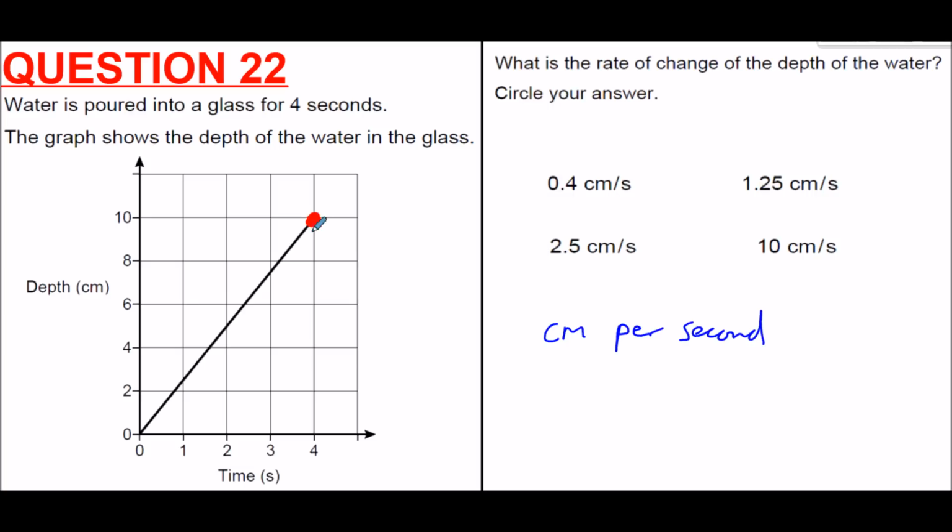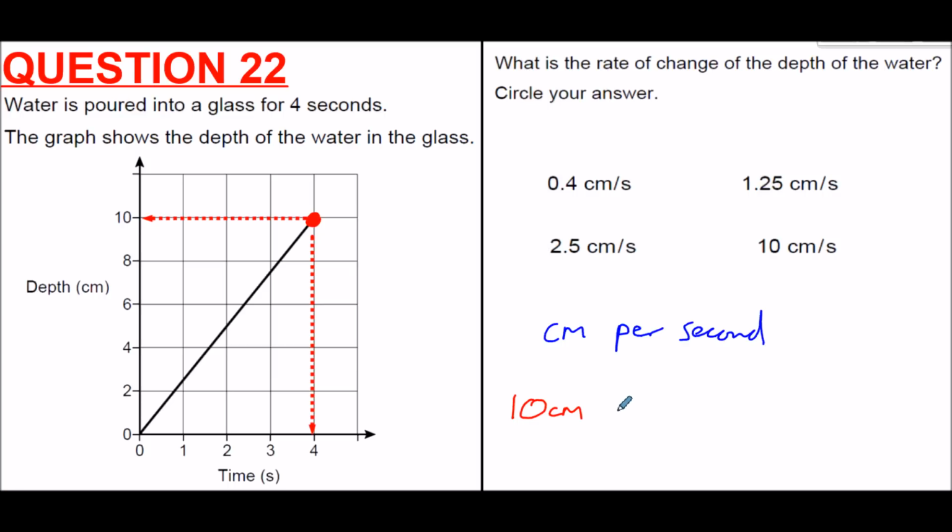So this point here is 10 centimetres. So this is one where it went and filled 10 centimetres, and it took 4 seconds. So this means that the glass gets filled up to 10 centimetres and it takes 4 seconds.